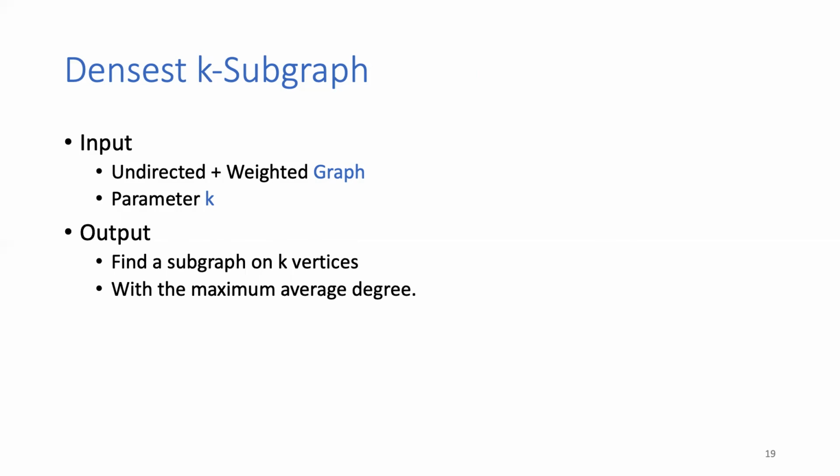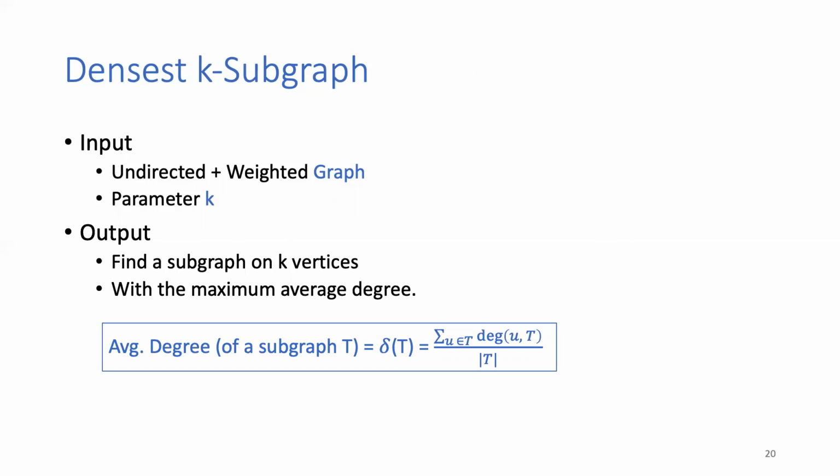Let me set some notation here. Let's say for a subgraph t, delta of t denotes its average degree, and it is defined as: you compute the sum of the degree of u in t, sum this over all such vertices, and divide by the size of t. So this is defined as the average degree of t.